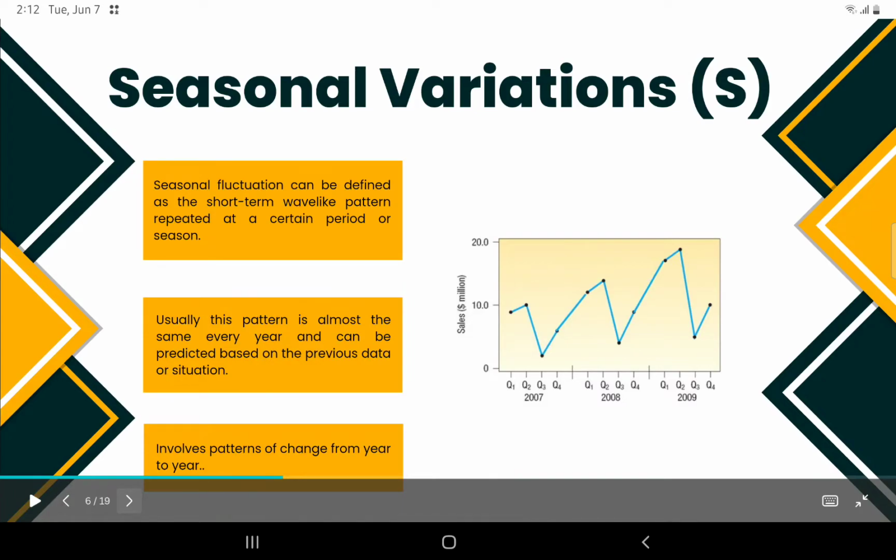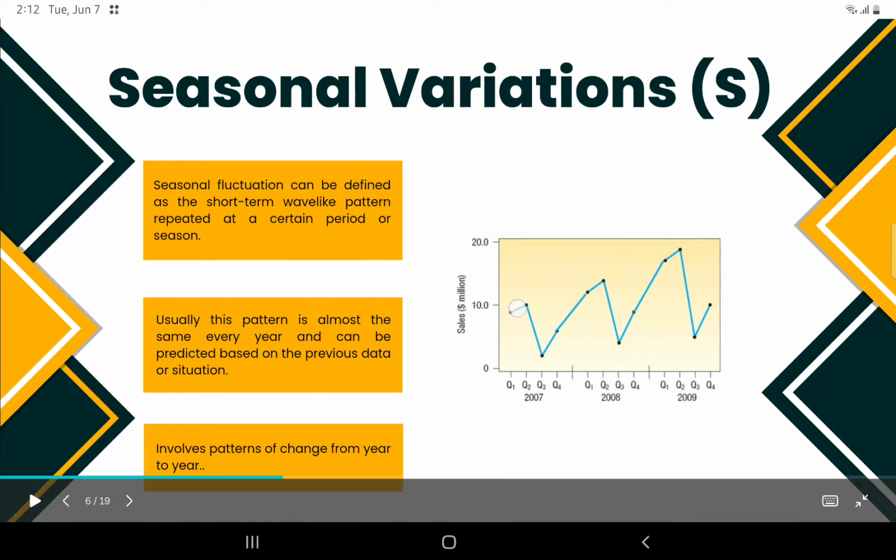For seasonal variation, we can look at the graph here. The pattern is almost the same every year. This is the pattern for 2007, 2008 and 2009.